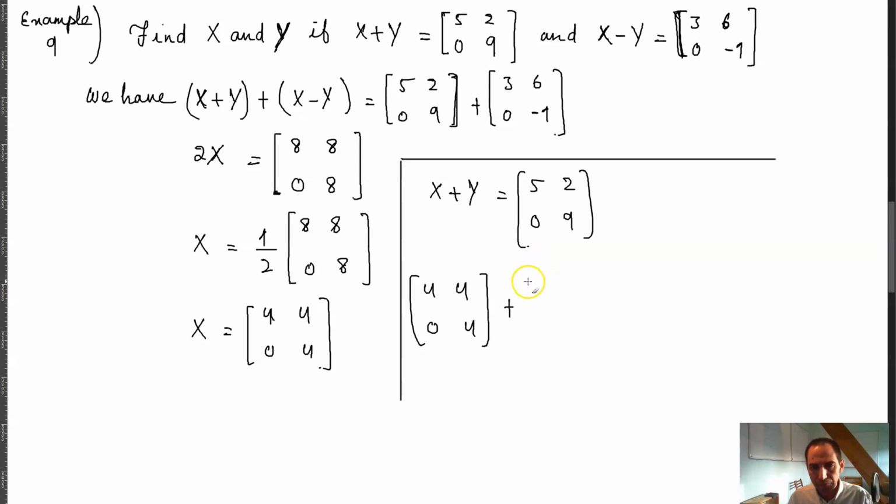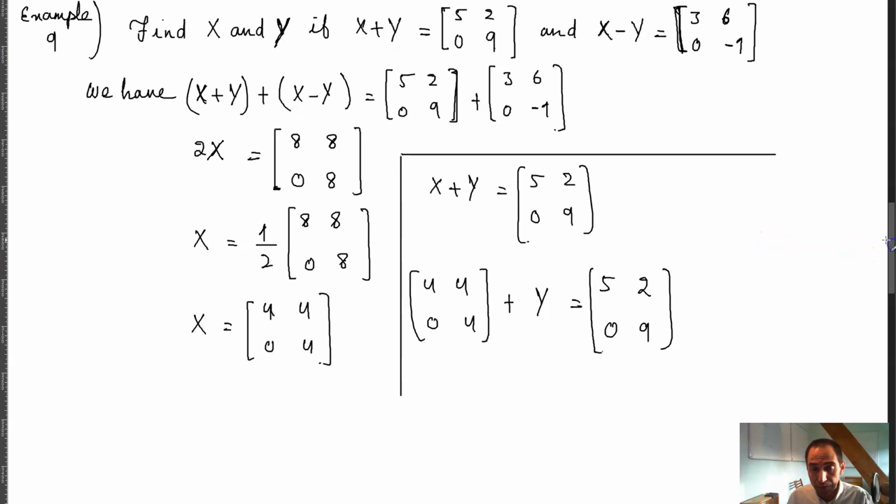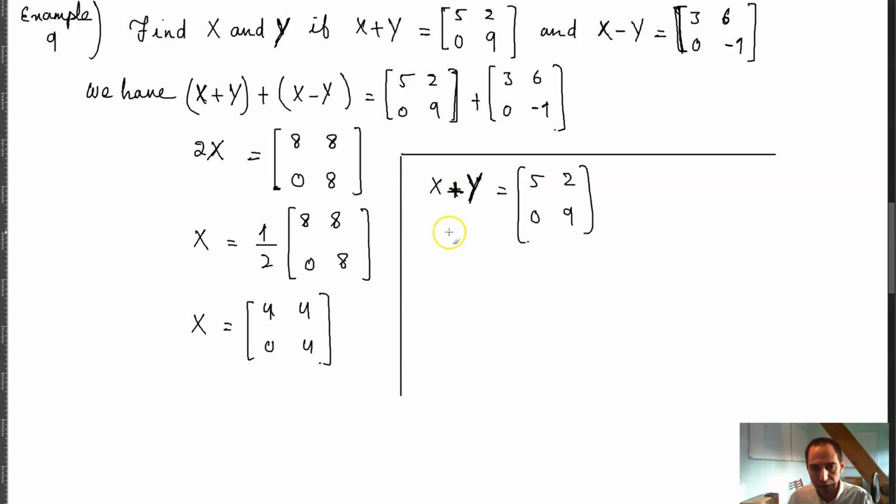Technically, what I needed to do here is eliminate x, since I'm solving for y. That means I needed to write x plus y and add the negative of x to this side of the equation, which is equal to 5, 2, 0, 9, right?